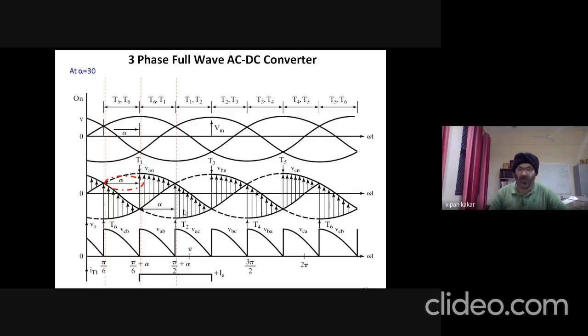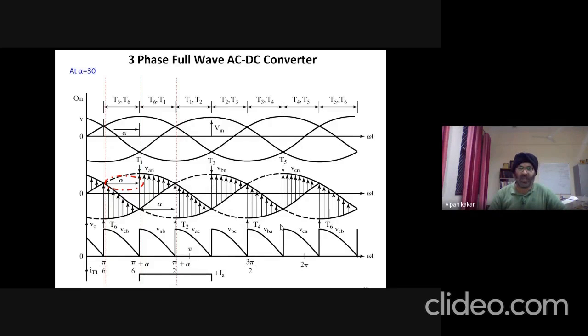If we increase alpha to 60 degrees, again the wave at the output will be changed. Now in the next instant, after 60 degrees of interval, we fire another thyristor, which is T3, which is now paired with T2, because T1 is off now. So considering T2 and T3, which are between phases B and C, they conduct between phases B and C. So VBN minus VCN will be received at the output. The shaded part will be received at the output, and so on.